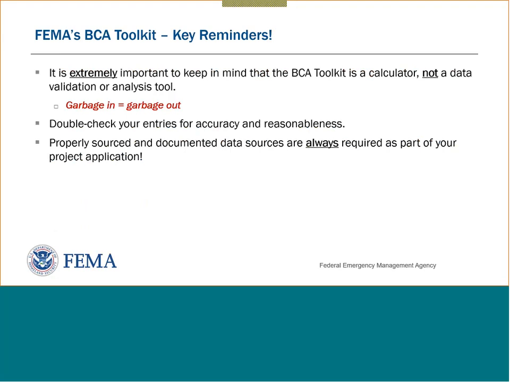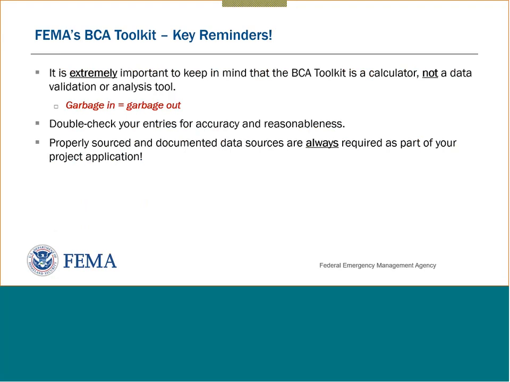Okay, some reminders here. It's important to remember that the toolkit is a calculator. It does not validate your data. It just uses the numbers that you put in to do the calculations.